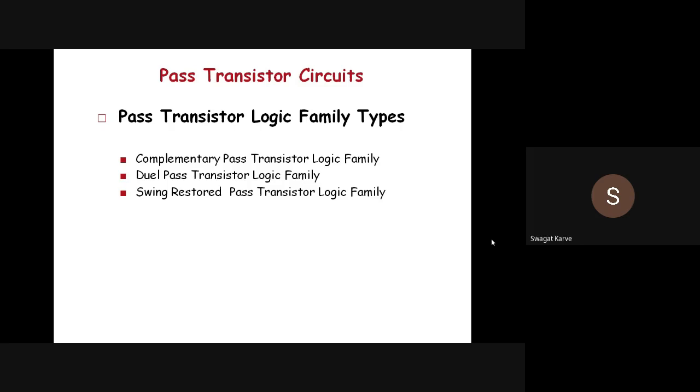Only then will you get both logic levels as strong values. And this parallel pair of the PMOS at the top side and NMOS at the bottom side is known as a transmission gate, right?